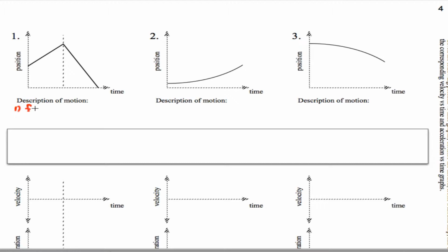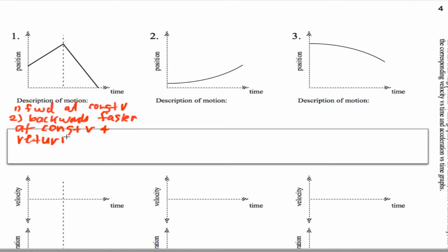It goes forward at constant velocity, and then I would want you to write it goes backwards faster at constant velocity and returns to 0.